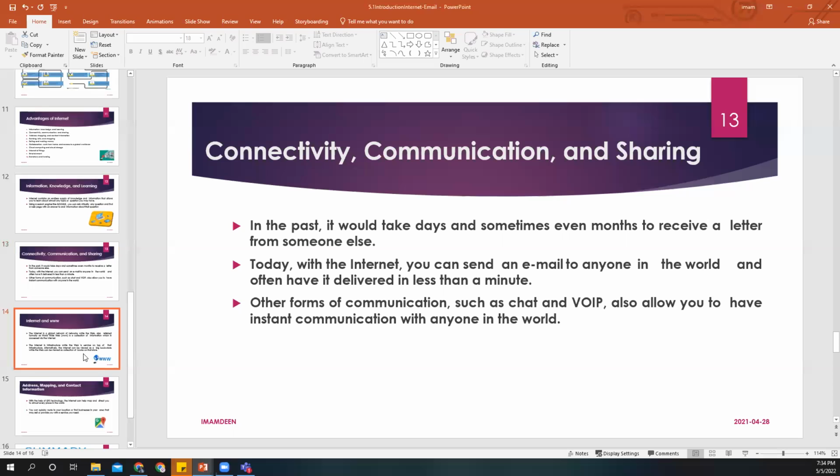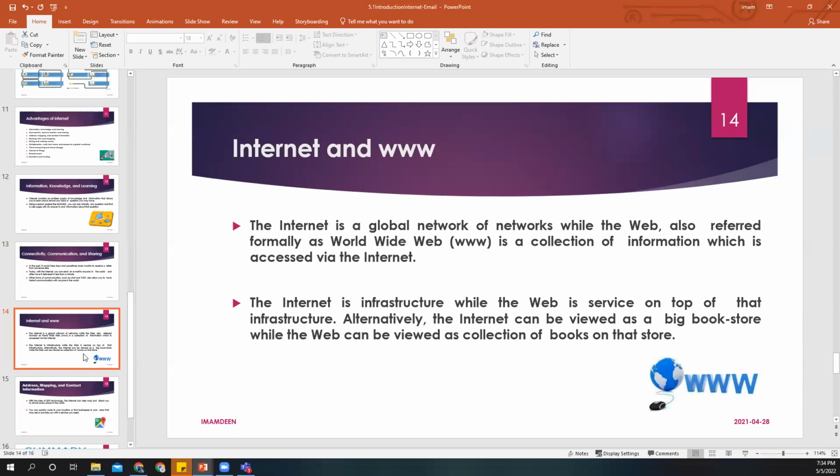So another thing is the internet and www. So www means World Wide Web. This is the full form of www.